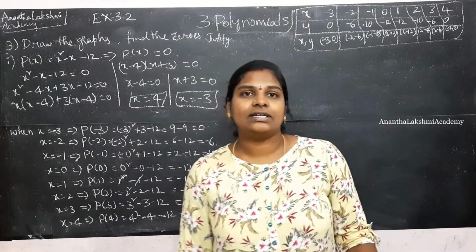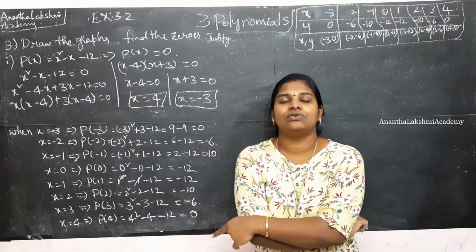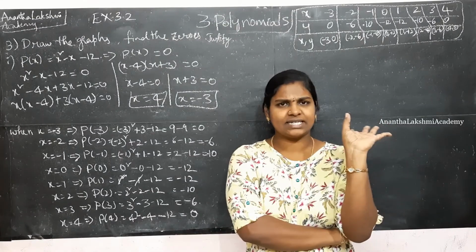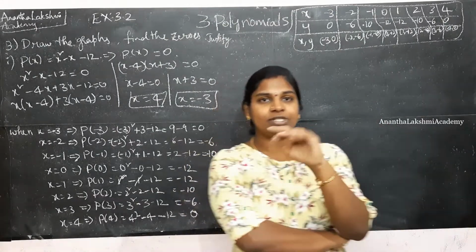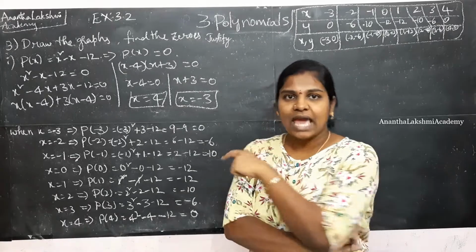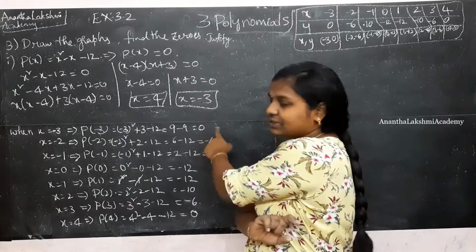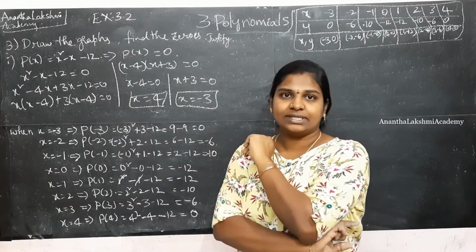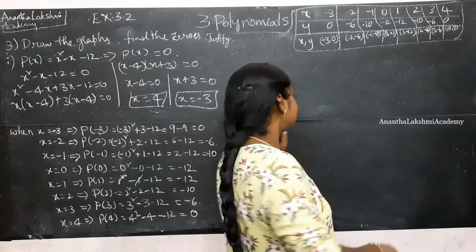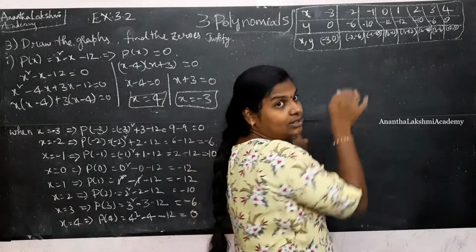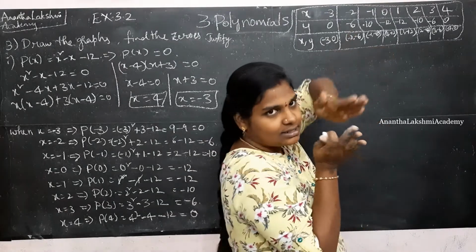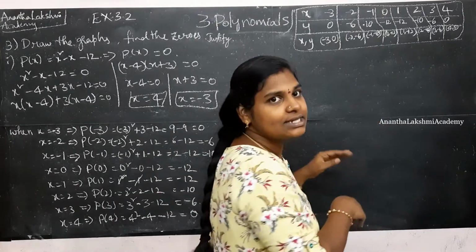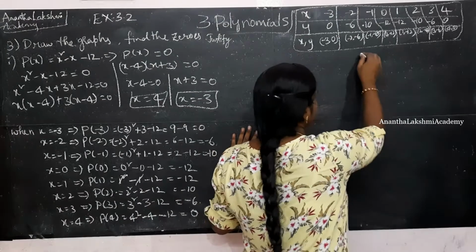Okay. So if you look at these values, since the space is little for me, what I am going to do is, on the y-axis, whatever results we got are only negative numbers. Alright, so let me consider the positive y-axis a little shorter and the negative y-axis a little longer.